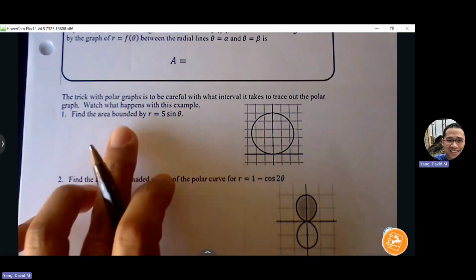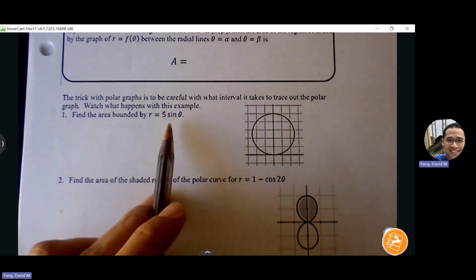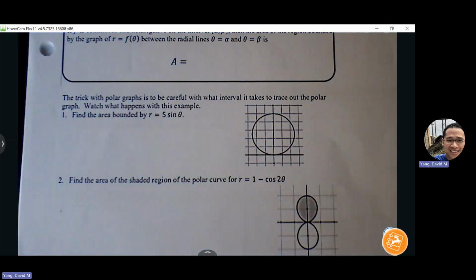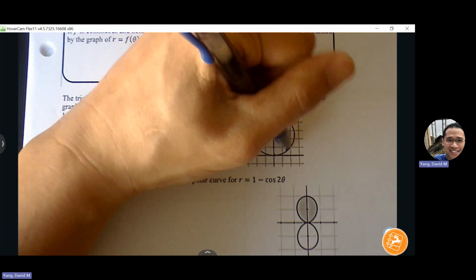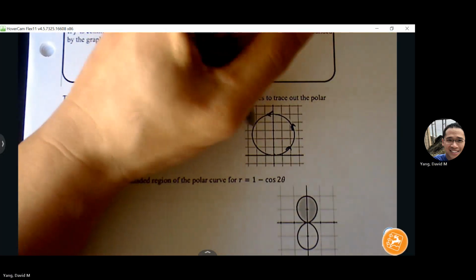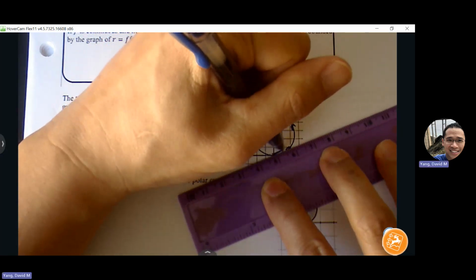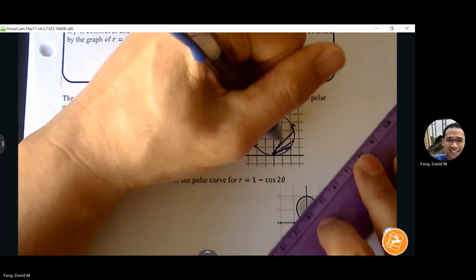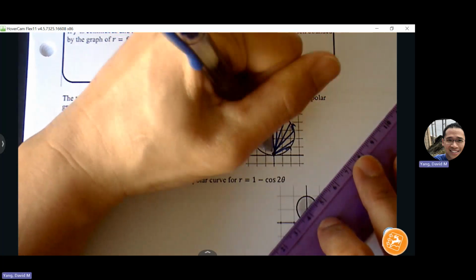So number one says find the area bounded by r equals 5 sine theta. Now we know a circle is going to complete a cycle from 0 to pi. So essentially this is how the area is found. It starts at the origin here, and because the circle is moving in this direction, imagine it's just accumulating these sectors, accumulating the area this way.